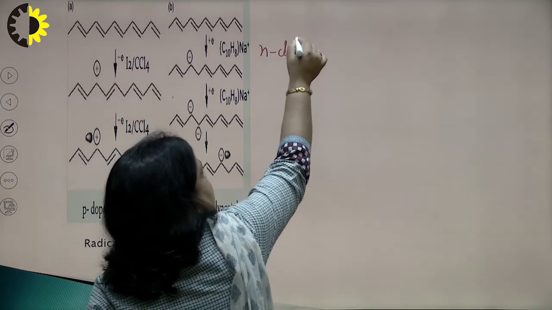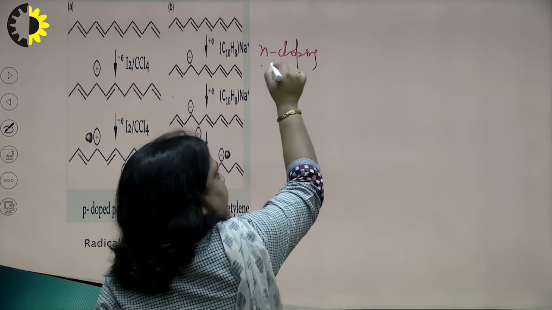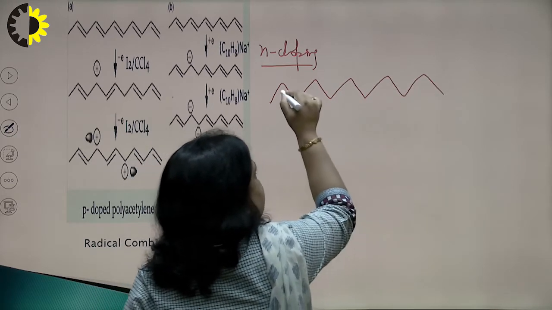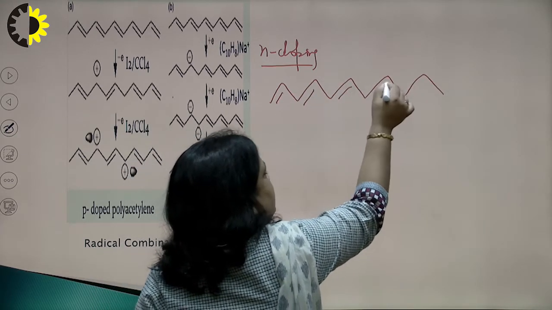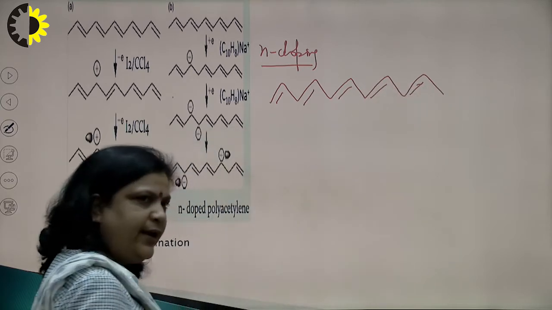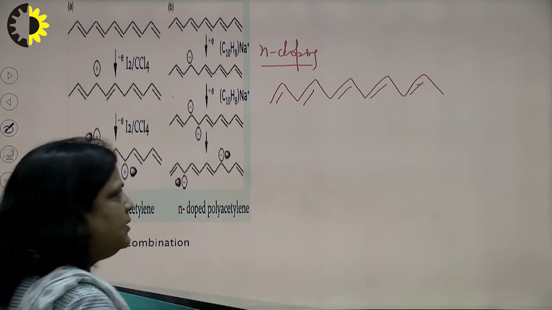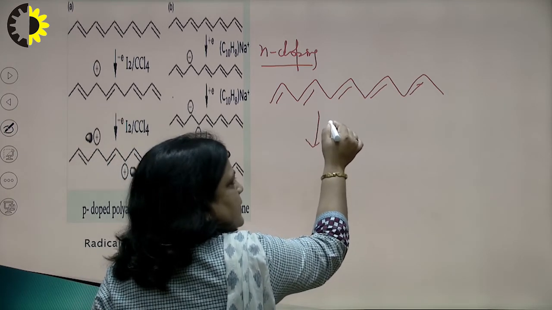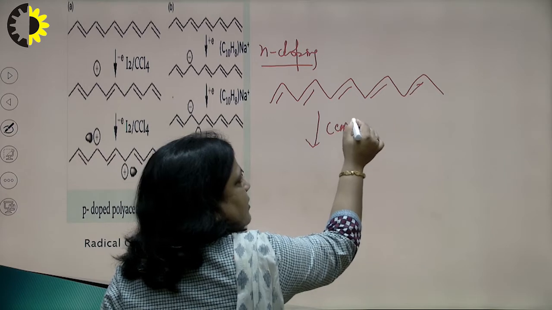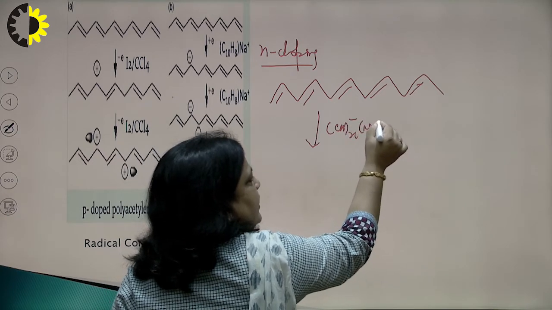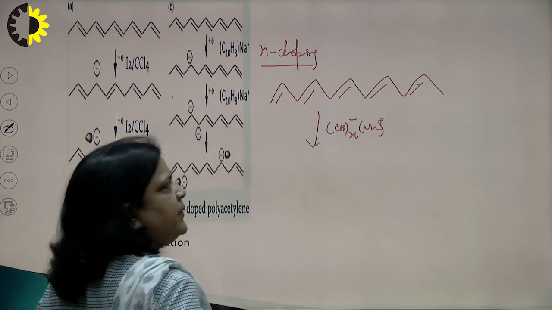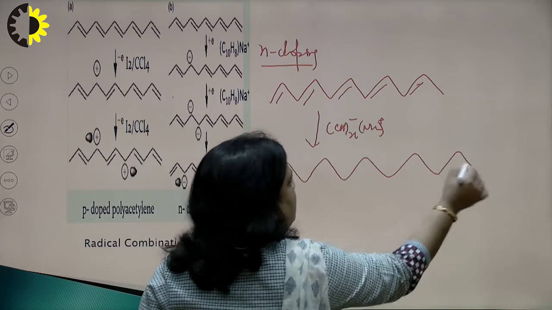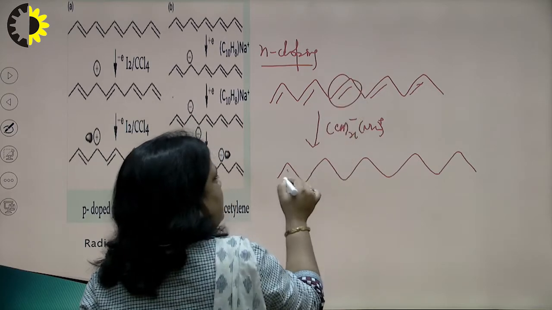Now, second is n doping. In case of n doping, the concept is the same. The concept is the same means we take a reducing agent, and reducing agent means sodium naphthalide we can take, or a Lewis base. So, when a Lewis base is preferred, let us say NH3, in this case chain X, and here we get a negative charge.